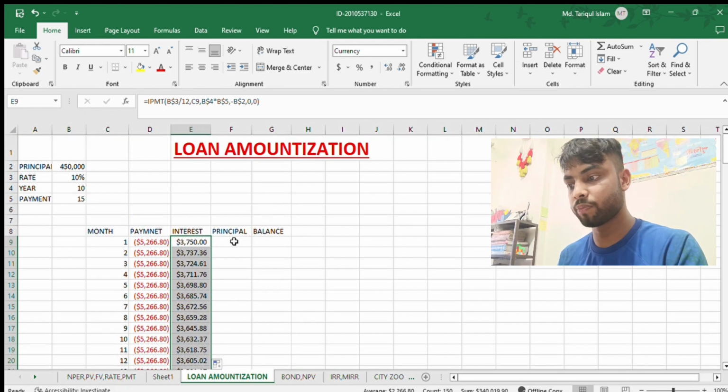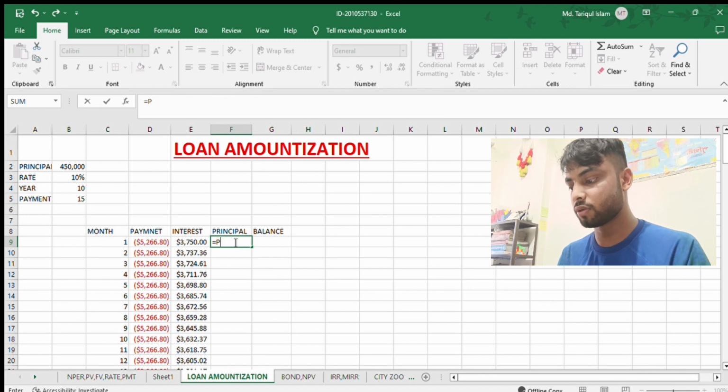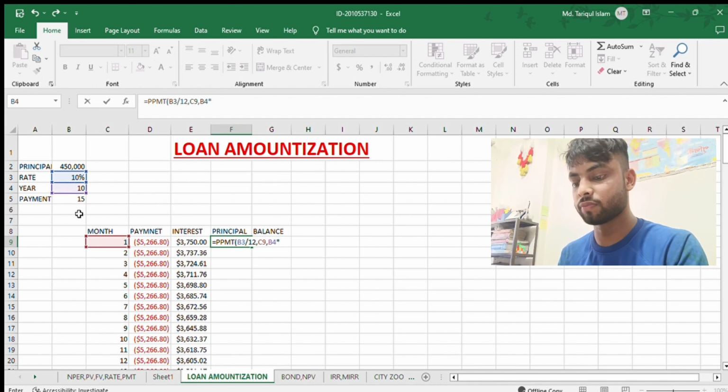Insert the formula PPMT, that is the formula of the principal amount. Then rate 10%, which is divided by 12. Then per means month first. Then number of periods 10, which is multiplied by 15. Then present value minus principal amount, then 0 and type 0.